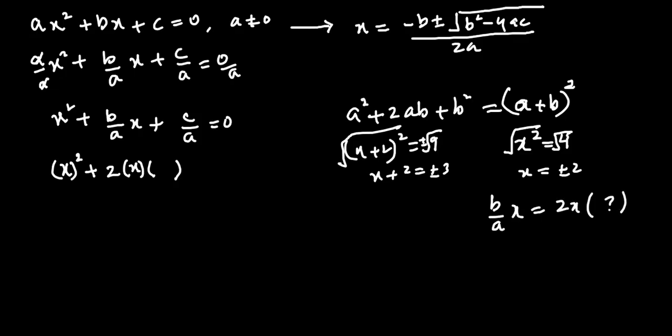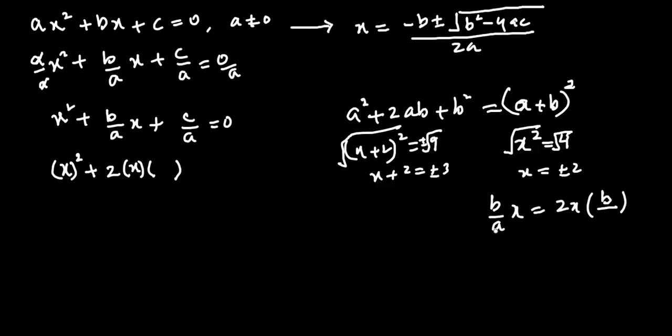What should be here so that I have b over a x? We see that we have b here, but we are not seeing b there. So we can write here b, because b was missing.